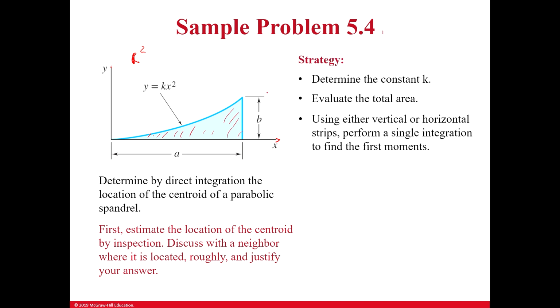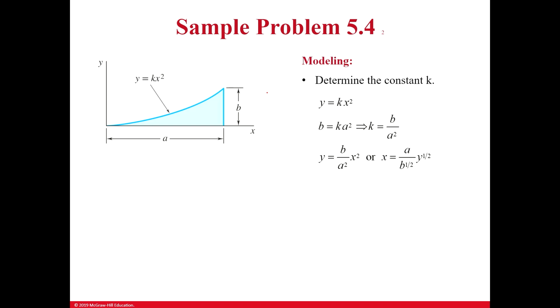So to find the constant k, we simply plug in the numbers that we have. When y equals b, we have b equals k x squared, but the boundary of x, this range, is a.